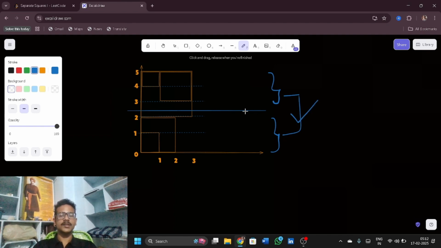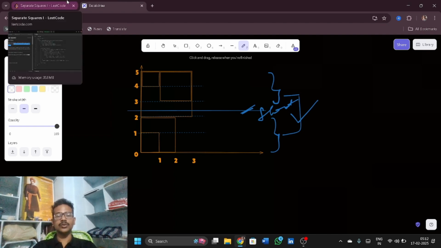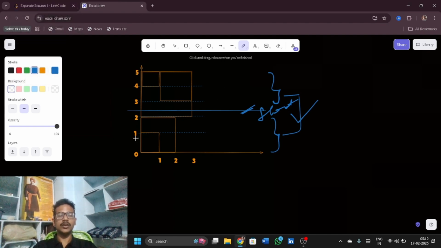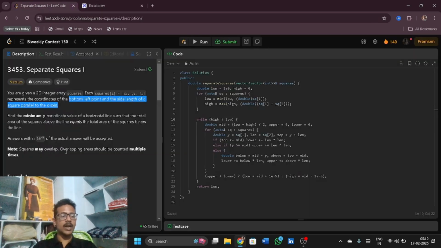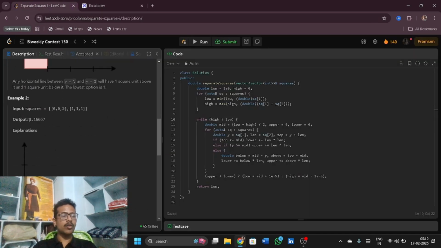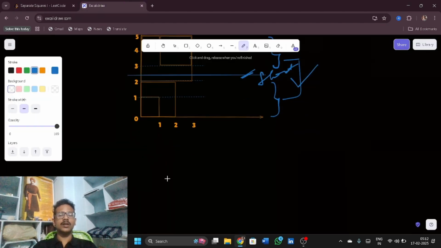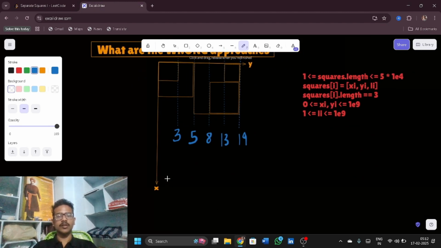This line need not be an integer; it is a float, and it will be somewhere in the middle. It is not certain that it will be 3, 1, 2, 4 or 5. It might be something like 1.16667.